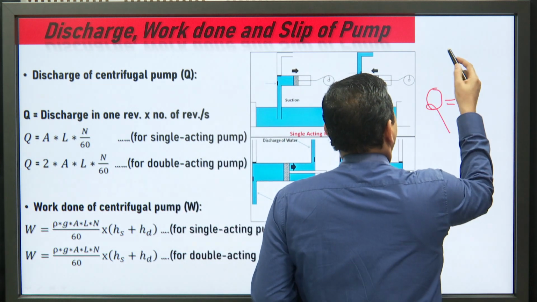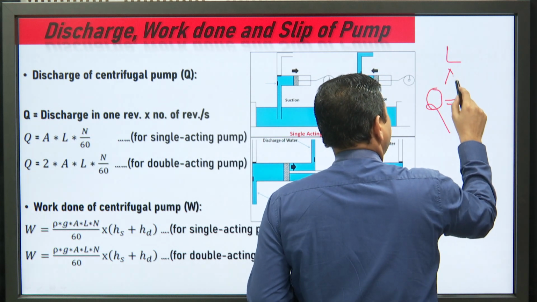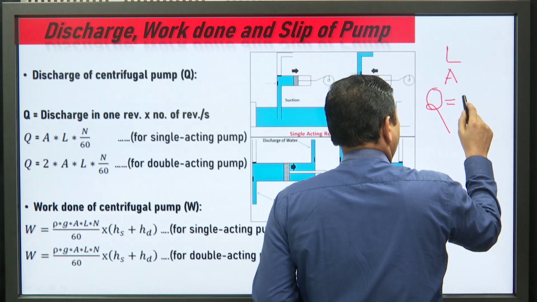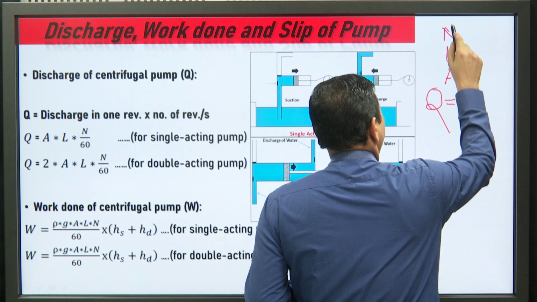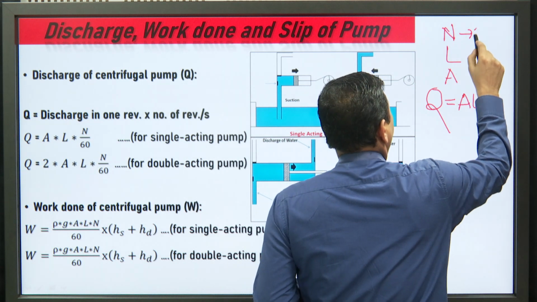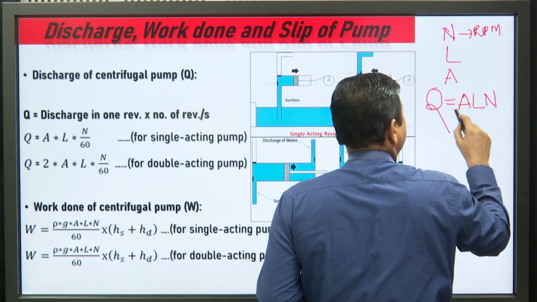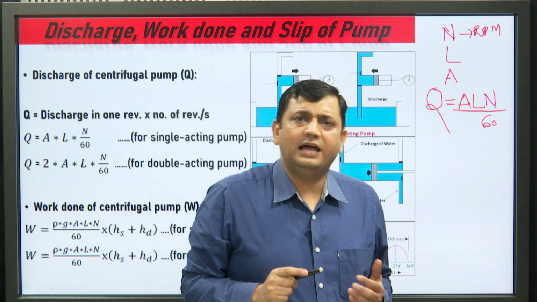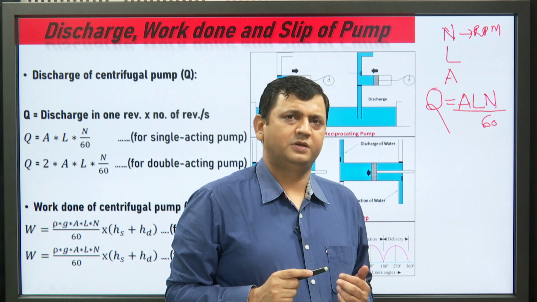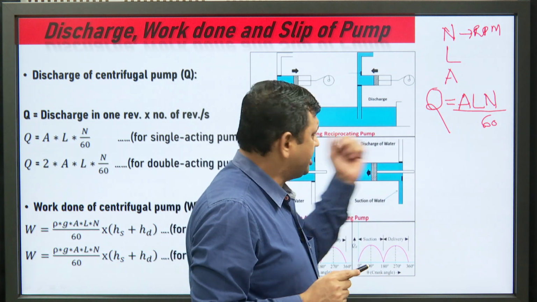Suppose the stroke length is L and the area is A. So this becomes A L. If N is the RPM, then N by 60 is per second. So the discharge is A L N upon 60.